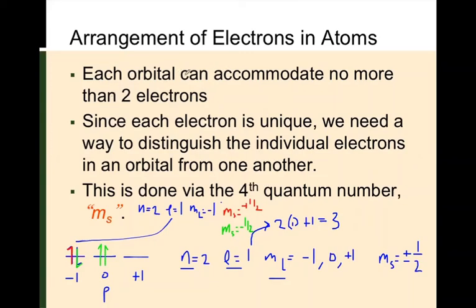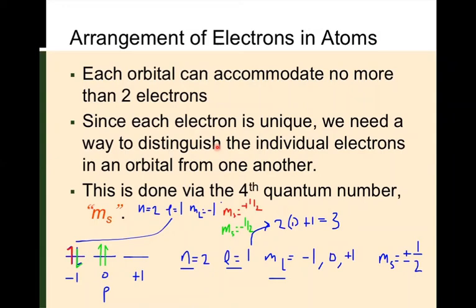So each orbital can accommodate no more than 2 electrons. Since each electron is unique, we need a way to distinguish the individual electrons in an orbital from one another, and that's done by the 4th quantum number, which is MS. I've just done out an example of how the orbital filling goes and how the quantum numbers can be assigned.